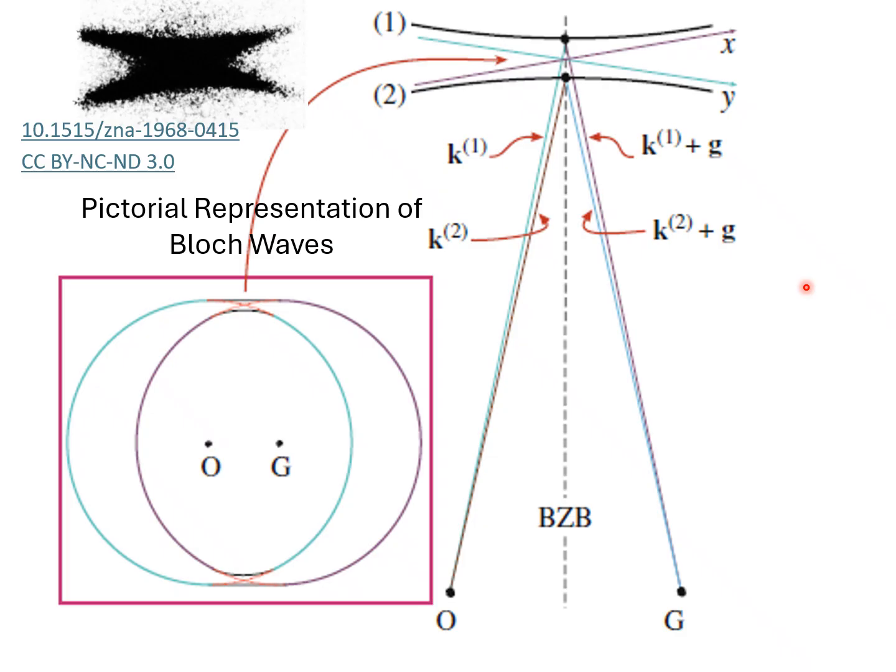I've never really understood Bloch waves until more recently. Then it occurred to me that we're talking about two real waves, and they can be detected. This is an image of a Bloch wave, an electron diffraction, that I pulled off the internet. They can be detected and they're real.